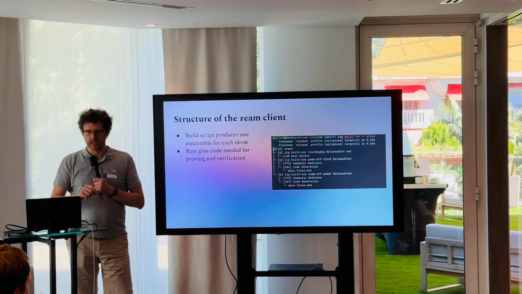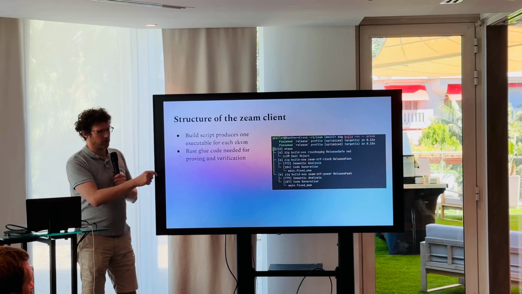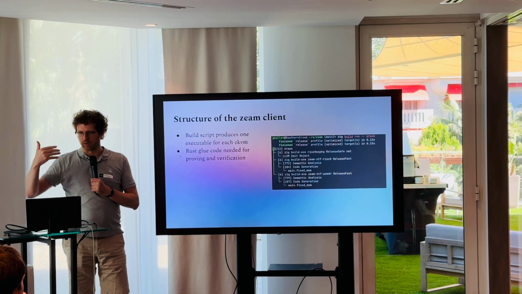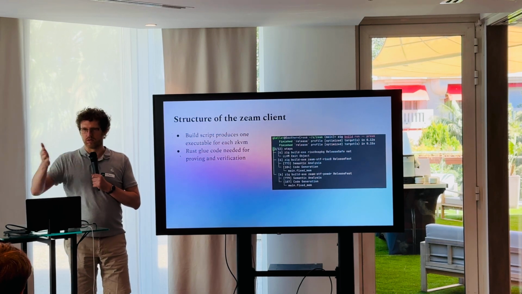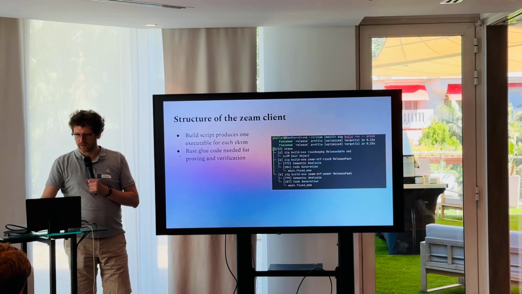We just changed the tiny glue that is there to connect to the ZKVM, so we can basically have a future where we have a multi-prover. We receive one block, we do all the proving with all the ZKVMs, and then we can produce those blocks.